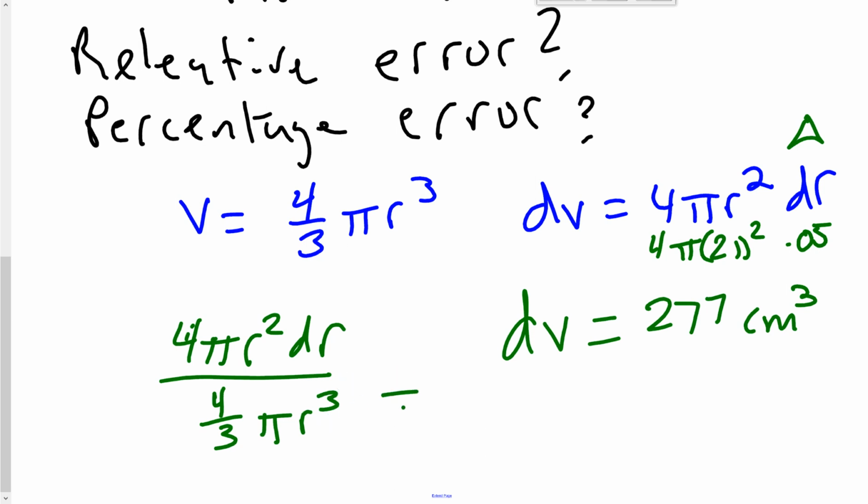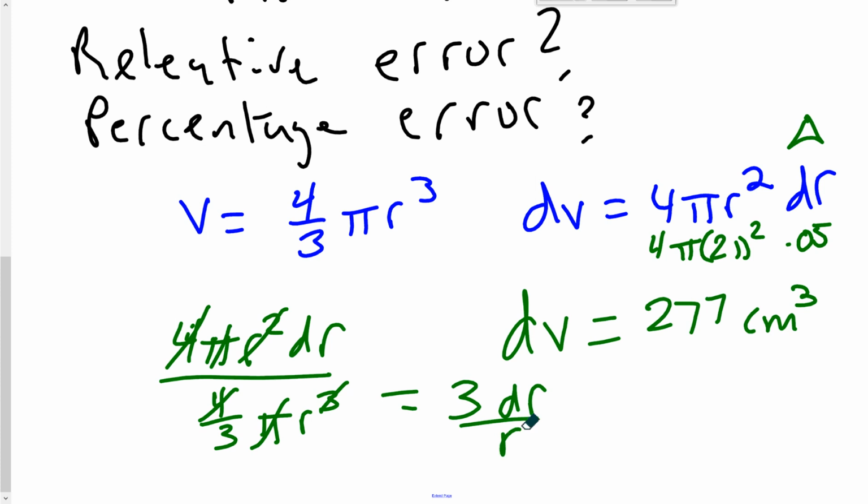So that's going to cancel. Right, the 4's are going to cancel. Pi's are going to cancel. R squared is going to cancel, so we're just left with r on bottom and a dr on top. So 3 goes to the top with dr over r.